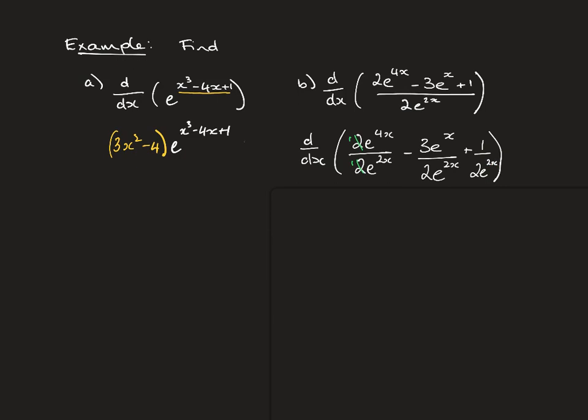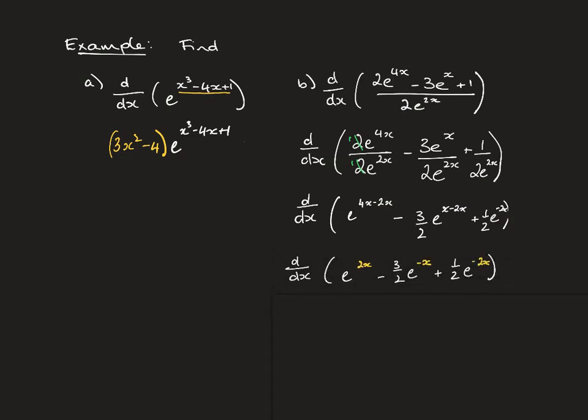So now we're going to use our index laws to simplify each of those expressions. So it is 4x minus 2x, x minus 2x here, and just minus 2x here. If we tidy up those powers, we're now looking to find the derivative of e to these particular powers.